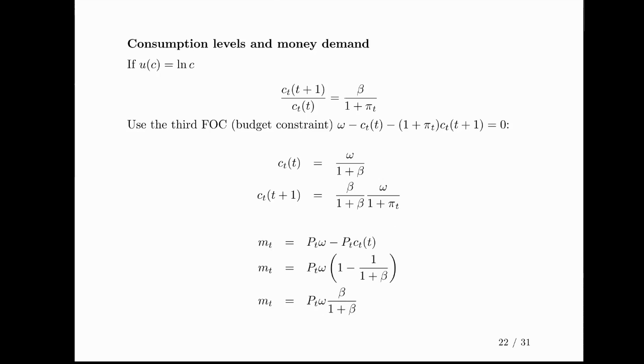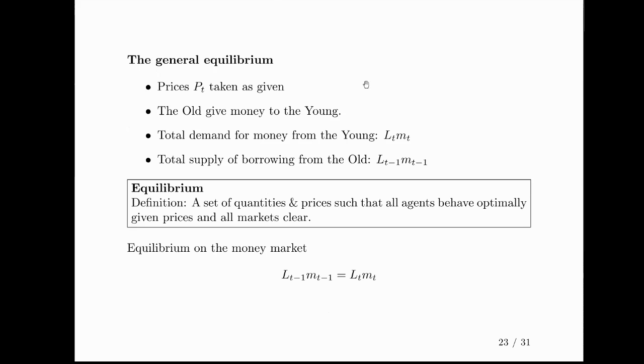Okay, so we're almost done. The general equilibrium: we say that prices are taken as given. This is the whole story of what goes on. Prices are taken as given, but then we're going to compute inflation later. The old generation gives money to the young generation.